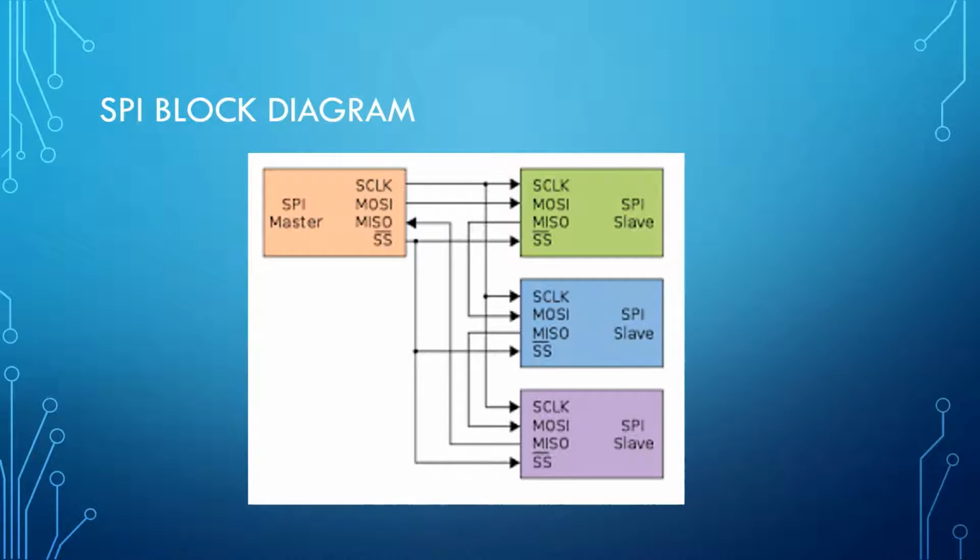There is also master out slave in, meaning the master gives output to the slave, and another one is master in slave out, which means the master takes input from the slaves. The last line is slave select, through which the master can choose the slave it wants to communicate with.